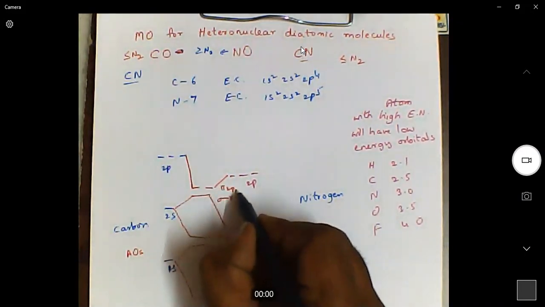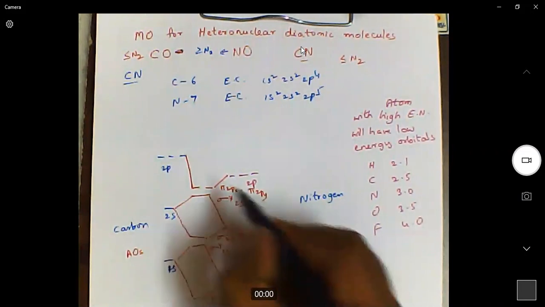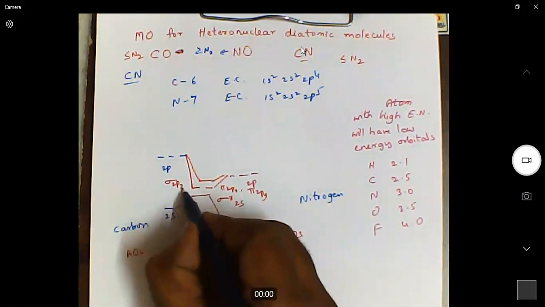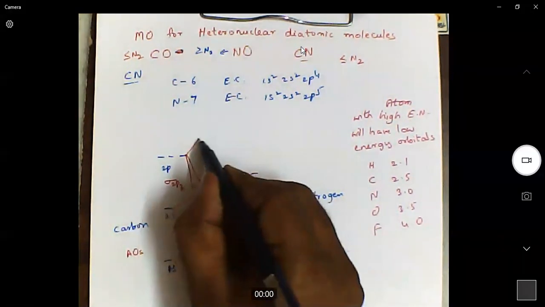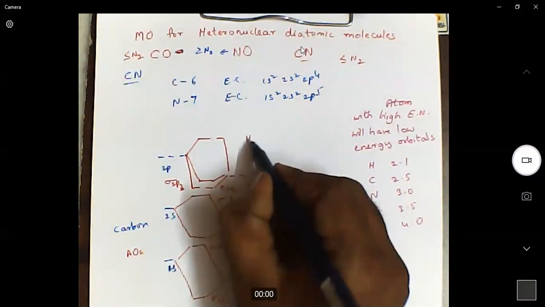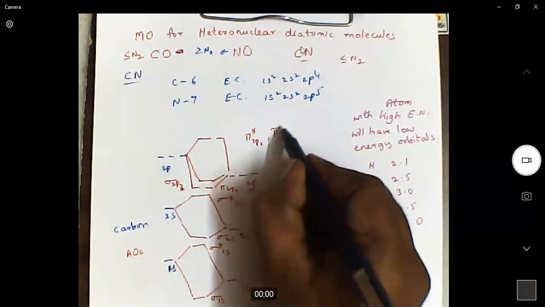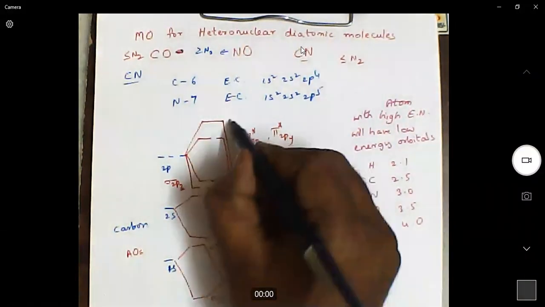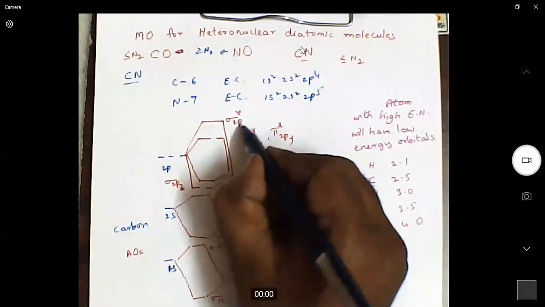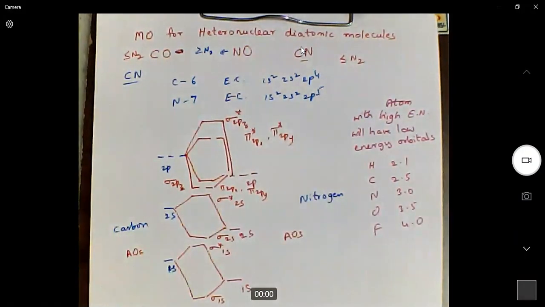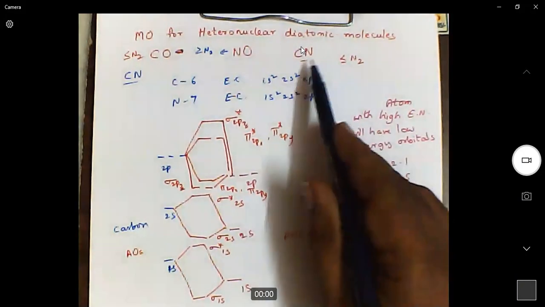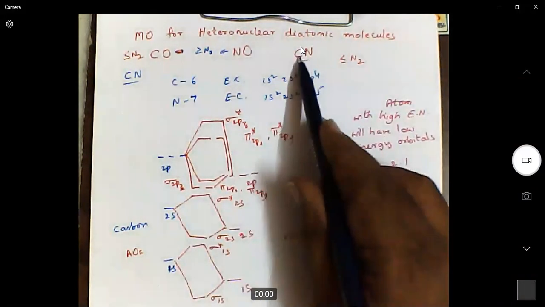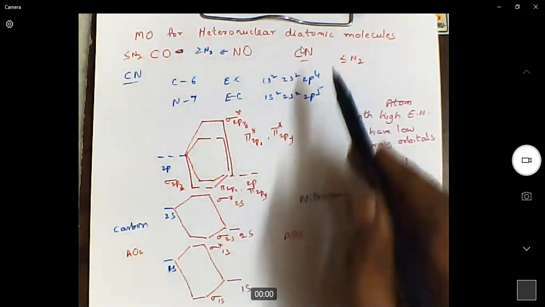Pi 2px, pi 2py, then sigma 2pz. Here we have pi star 2px, pi star 2py, then sigma star 2pz. Remember, for carbon and nitrogen we can use any order, but carbon is a small atom, so we must follow this order.